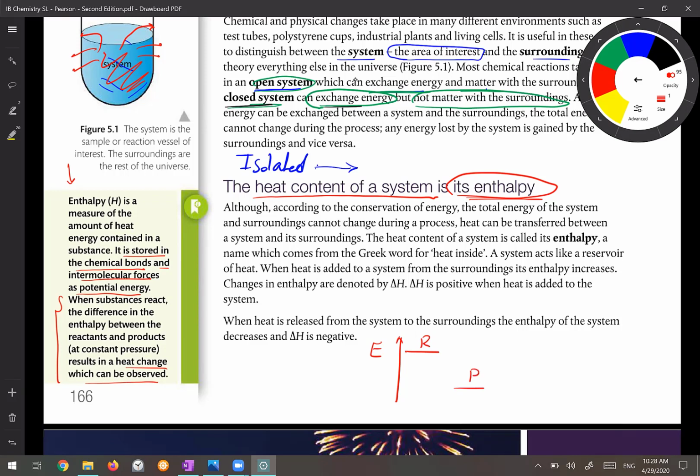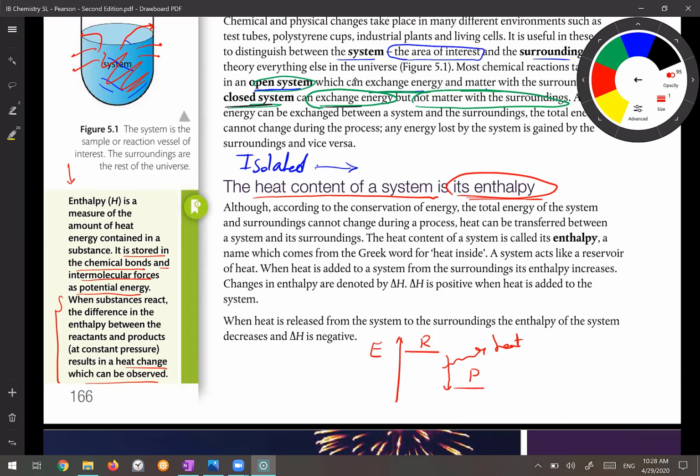So what happens to this energy? You can see that the energy which was stored inside the reactants has decreased when they converted to the products. So this decrease in energy is the heat energy which is given to the surroundings.